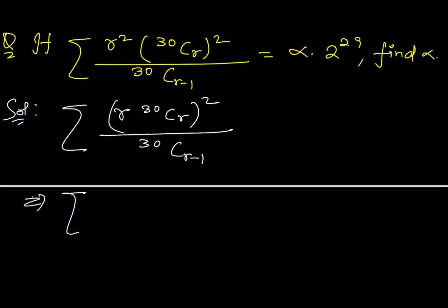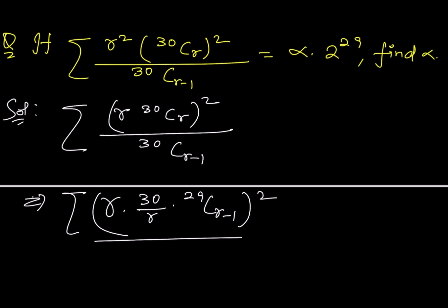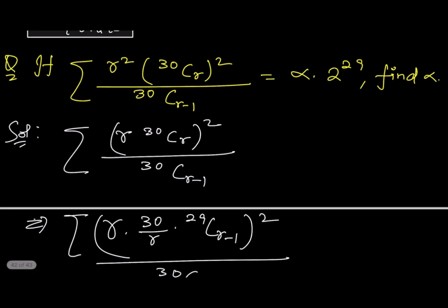So now r into 30 by r into 29C(r minus 1) whole square upon 30C(r minus 1).